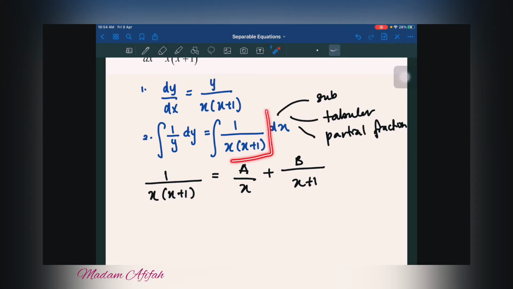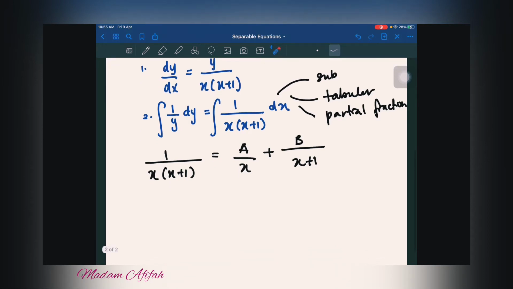Instead of integrating the original, we now just integrate this function. Remember, when you apply a technique of integration, it must make the integration easier. If you choose a technique but at the end it is very difficult to proceed, your technique might be wrong. So proceed with this one.